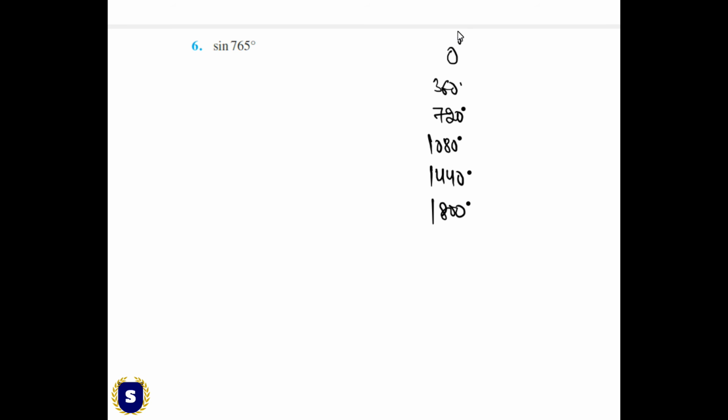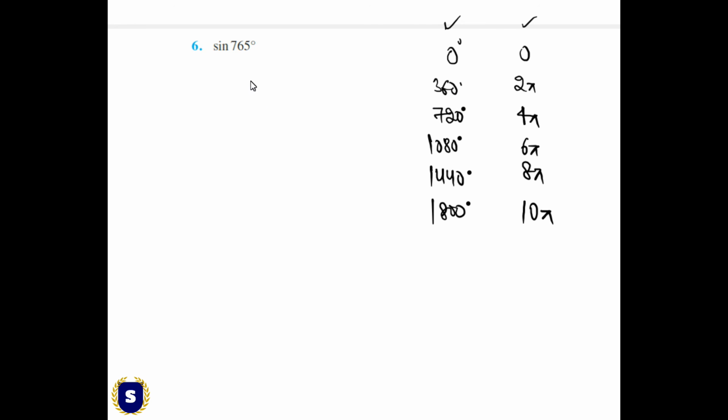And in radians, 0 radians, 2 pi, 4 pi, 6 pi, 8 pi, and 10 pi radians. So after these many radians and degrees, the values of the trigonometric functions repeat. So we can simply add or subtract these values from the given angles of the trigonometric functions.